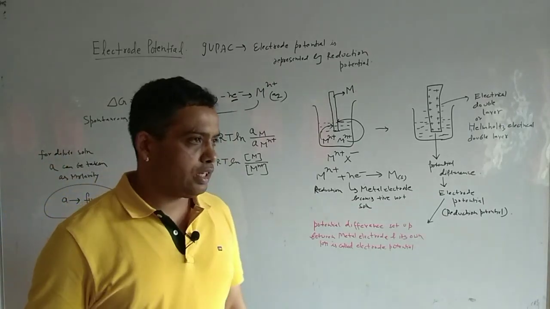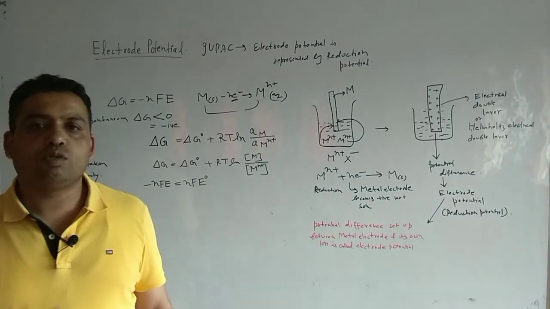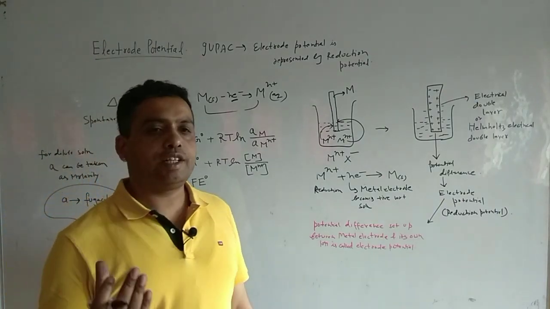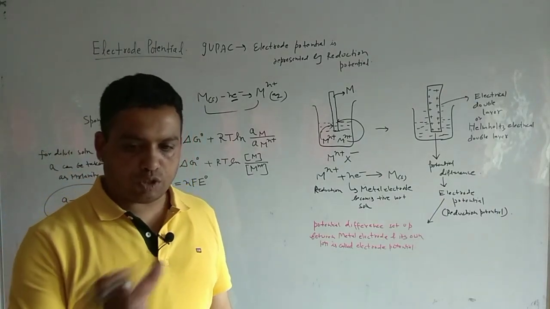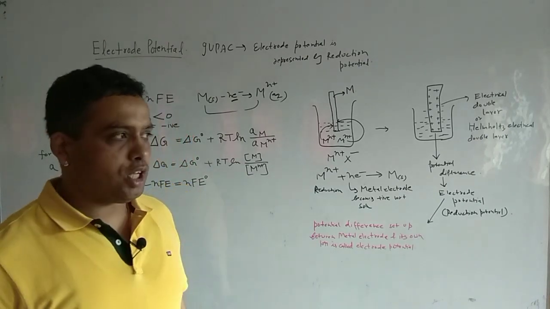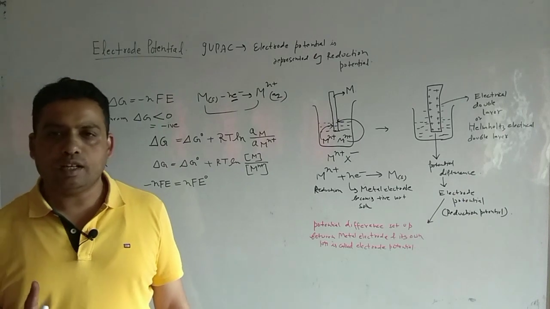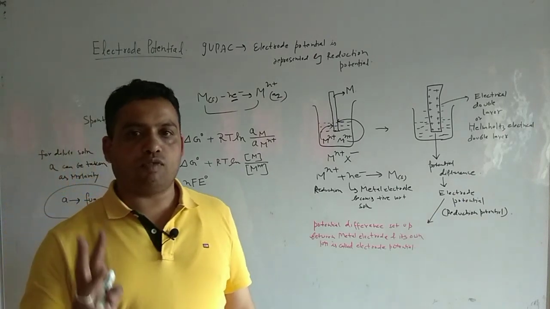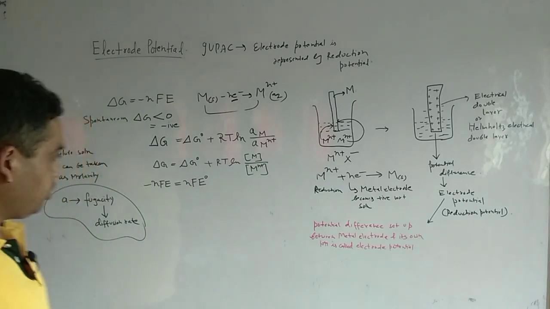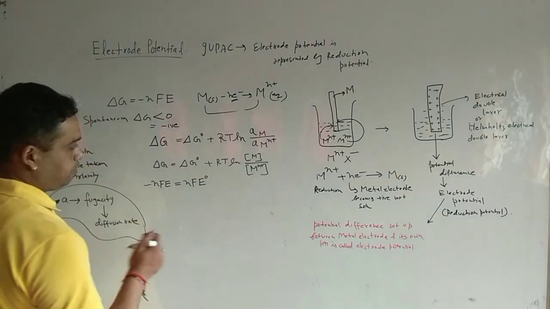If you are doing a reaction at atmospheric pressure, then you will use 1 atmosphere. But according to the latest IUPAC convention, the most fundamental unit is the bar. So the reactions are at 1 bar pressure and 25 degrees centigrade, with pure substance of 1 molarity. These are the standard conditions.